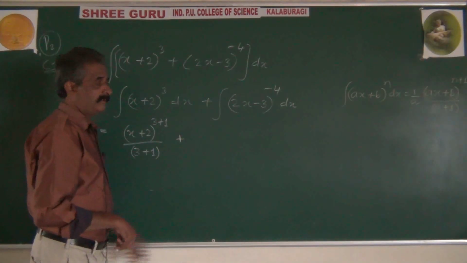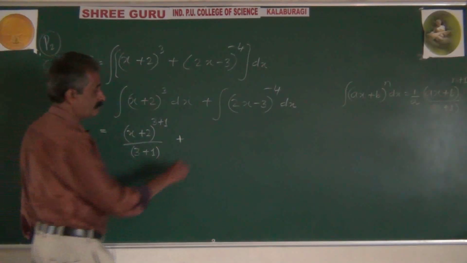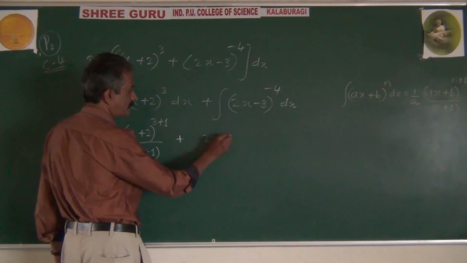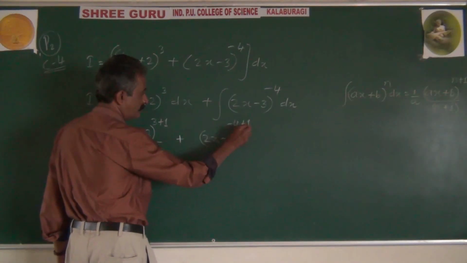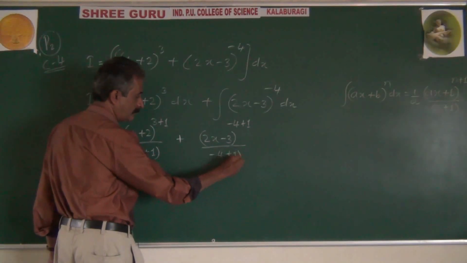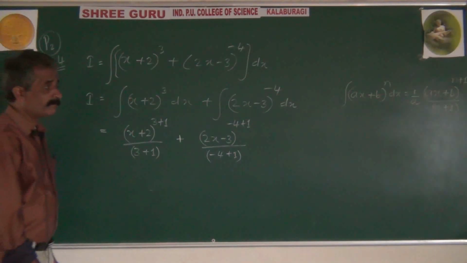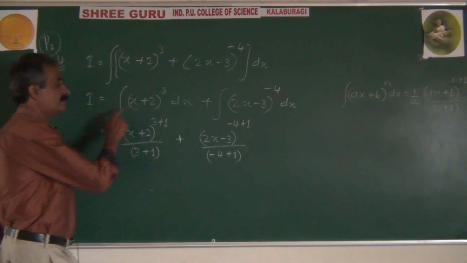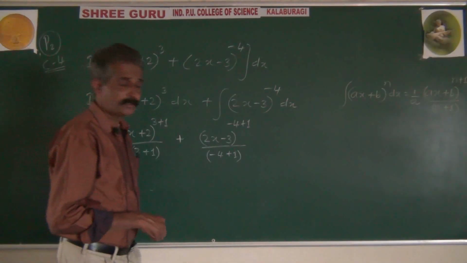Plus, here also the same kind of formula mechanism: (2x minus 3) power minus 4 plus 1, divided by minus 4 plus 1. More importantly, take care of the coefficient of x. Here the coefficient was 1, that's why it is not given more importance.